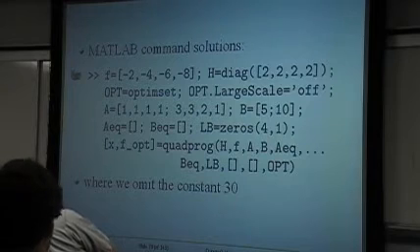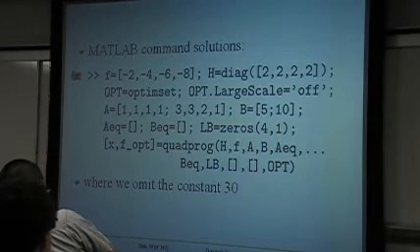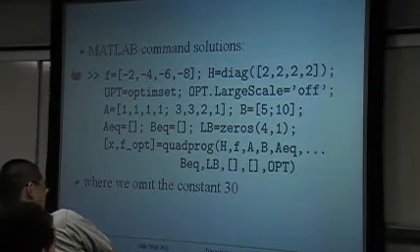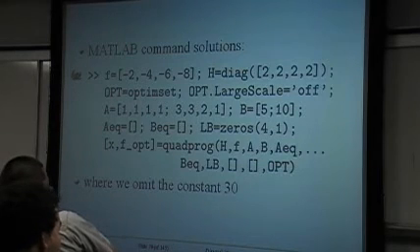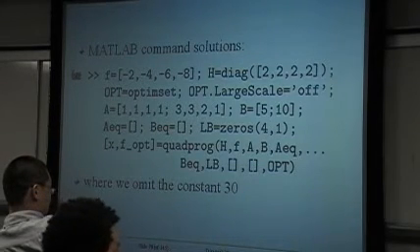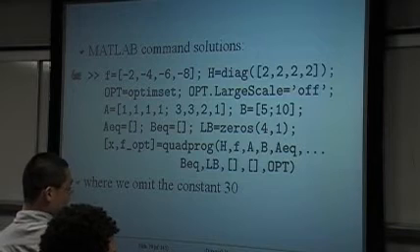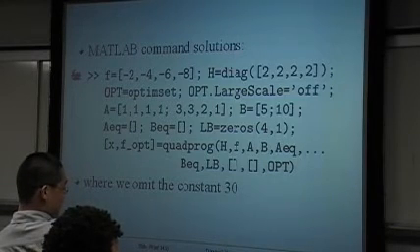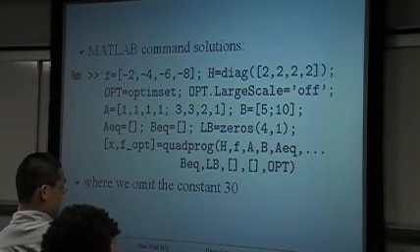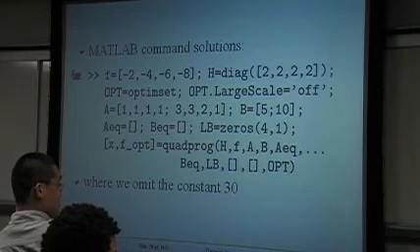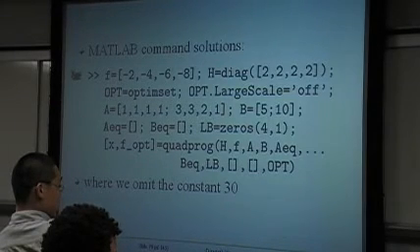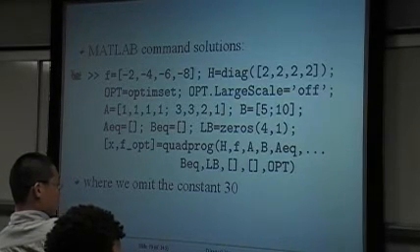For instance, if you have a term like this, you may write it like this: 1, 1, 2, 1. You can rewrite the matrix. You can also write it as an asymmetrical matrix.